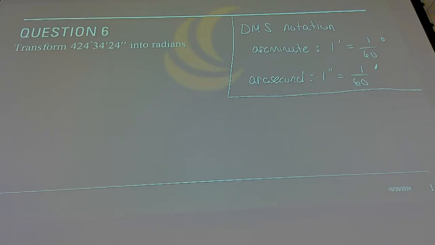So if we want to write 424 degrees, 34 arc minutes, and 24 arc seconds into radians, the first thing we need to do is just convert that to degrees.